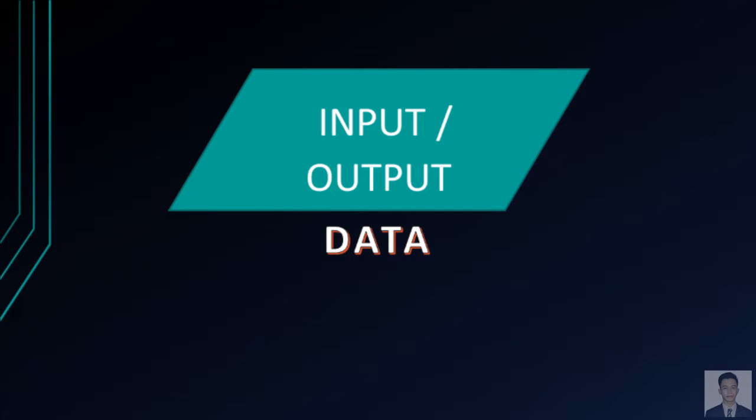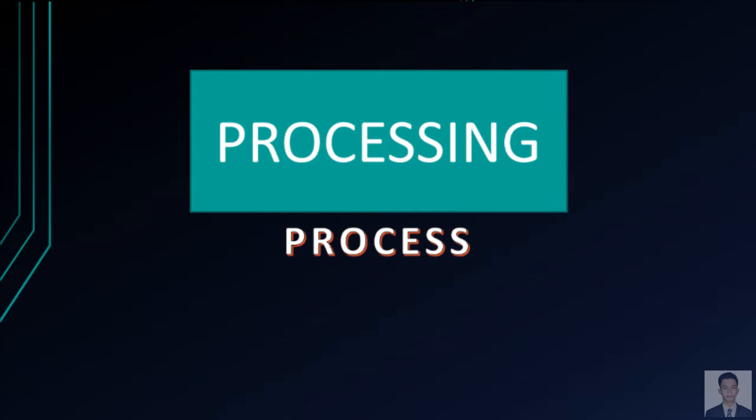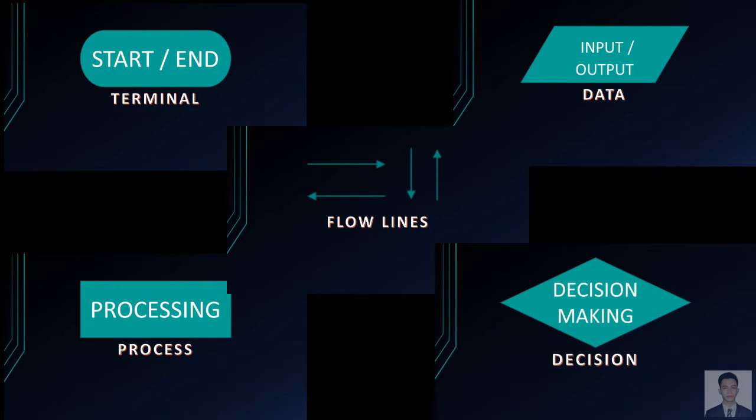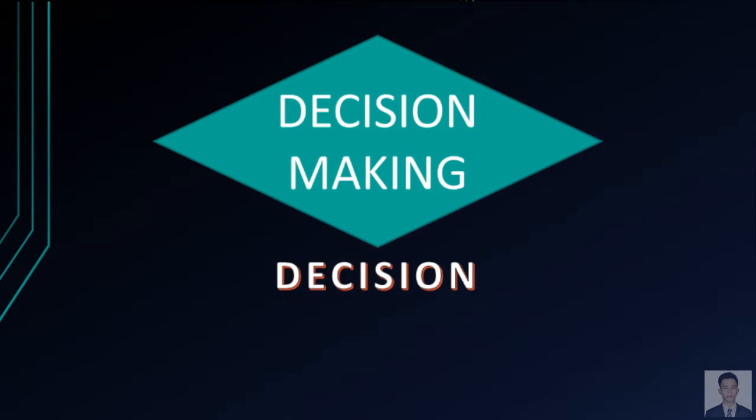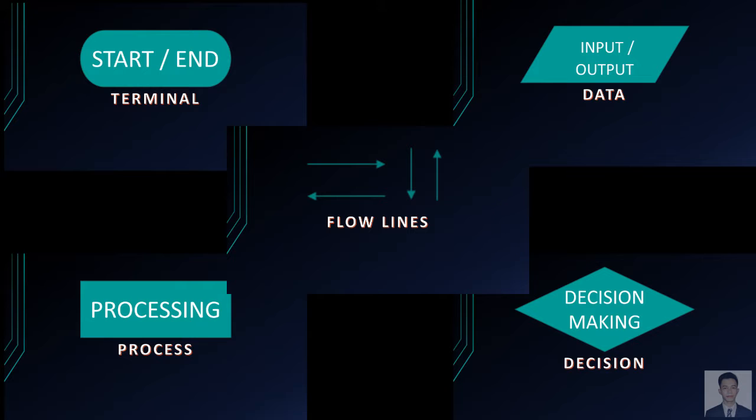Whereby a parallelogram indicates input and output operations. A rectangle box, or process, is for a computational step or processing function of a program. A diamond box, decision, is used for decision making and branching. All these things will be used in our explanation.